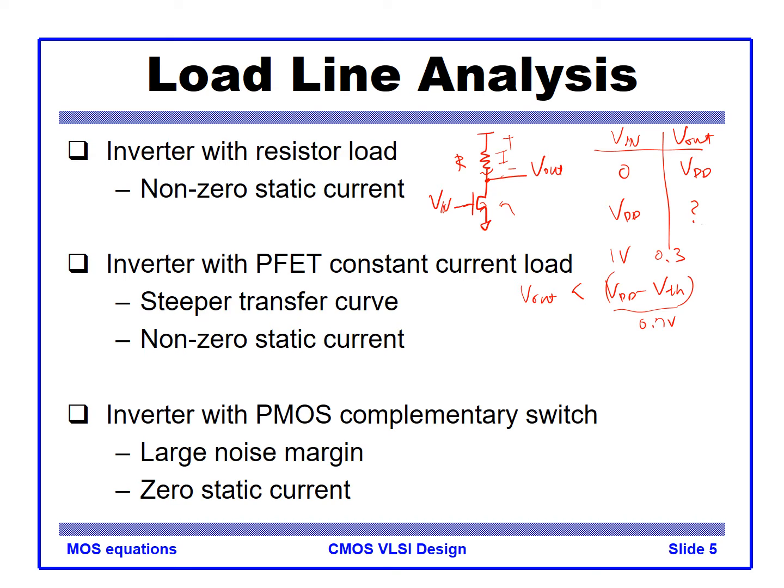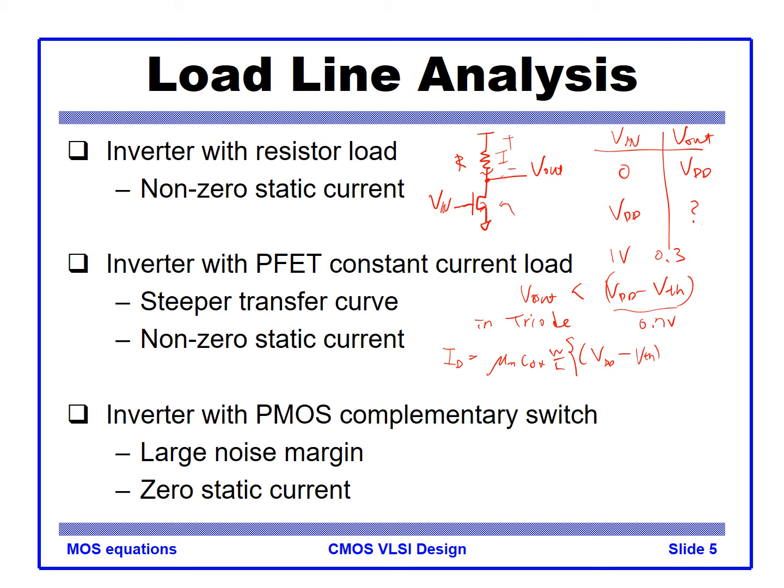Let's say for example, VDD 1 volt and threshold voltage 0.3 volt. That's going to be 0.7 volt for the overdrive voltage, which is very large. So output is definitely less than this overdrive voltage. So we can be sure that the transistor is in triode region, right?